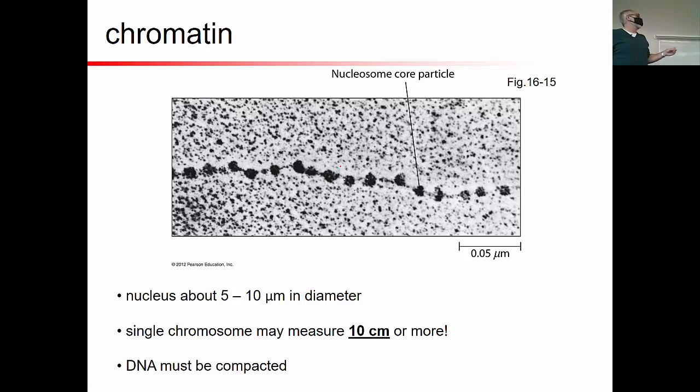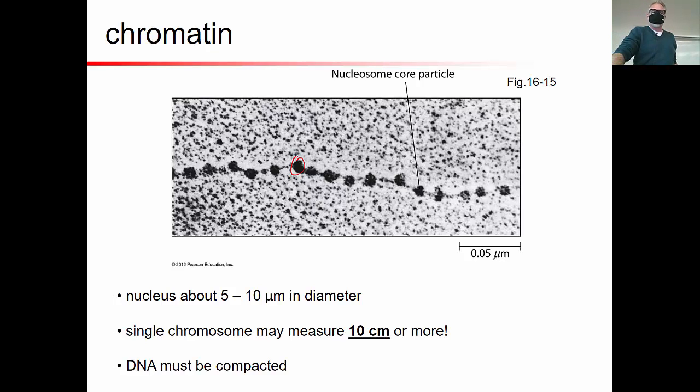And you can stretch these out and you can see this form which is called beads on a string, where some of you have maybe seen this before or talked about it, where you have this core cluster of proteins and the DNA is wrapped around those proteins, and then it gets successively more and more compacted.